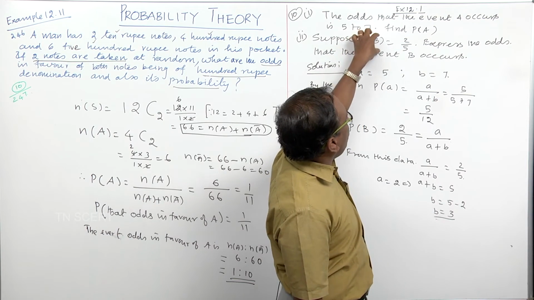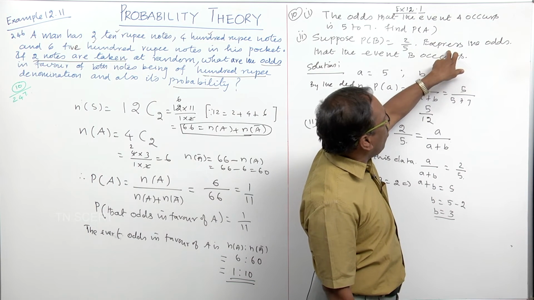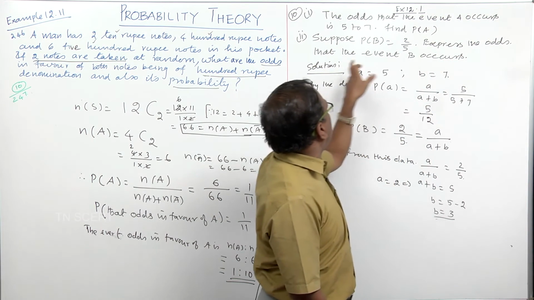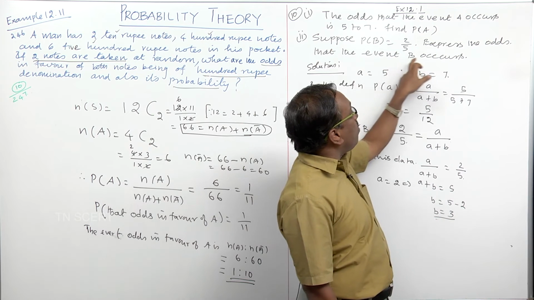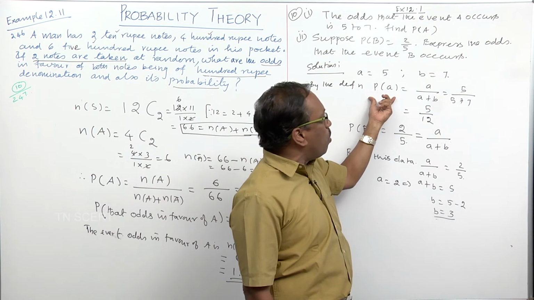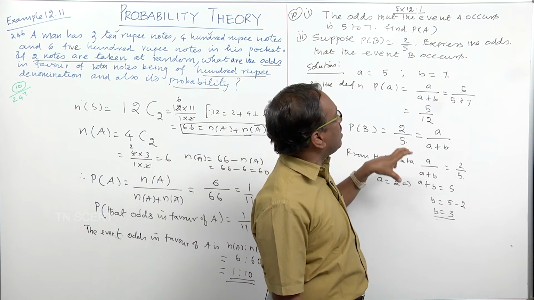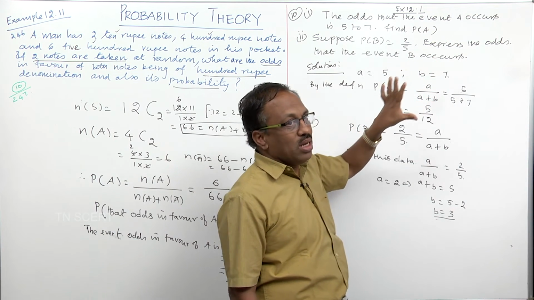The final answer we want to find is to express the odds that the event B occurs. Actually, we have taken probability, but we have to give the result in terms of B here.